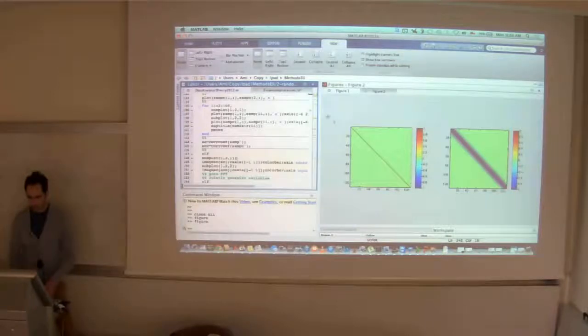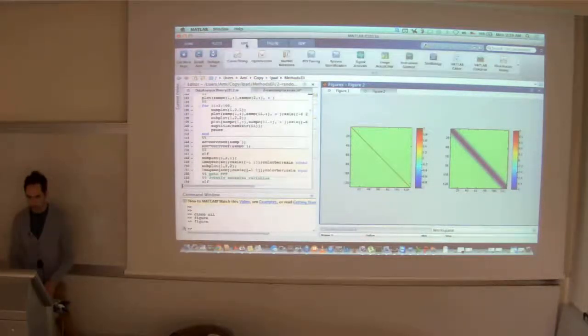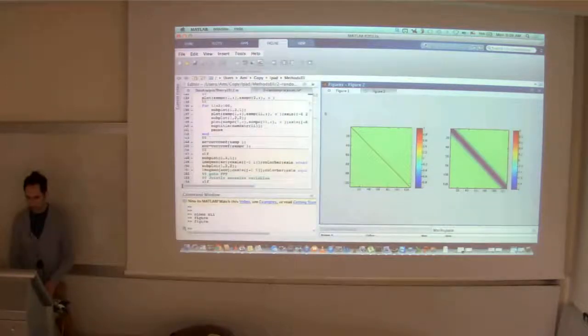We can choose a line here. Okay, so let's look at one line. It's not exactly as I wanted, but you can see that only the diagonal here is 1s. All the other values are 0.